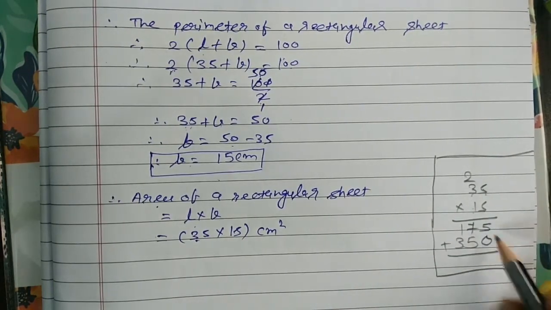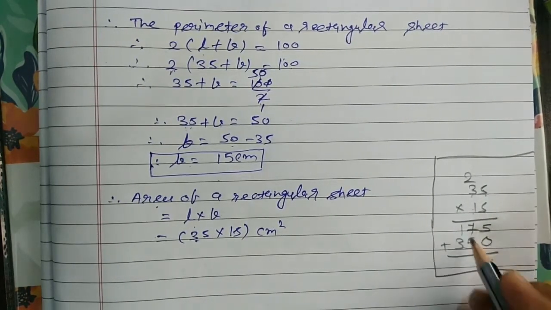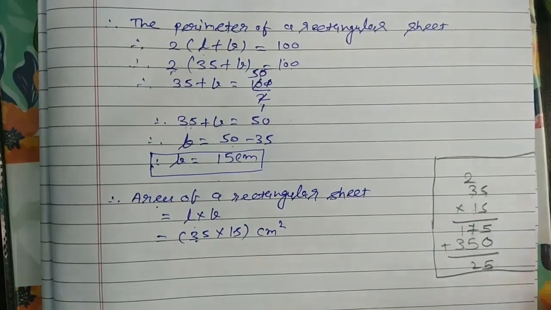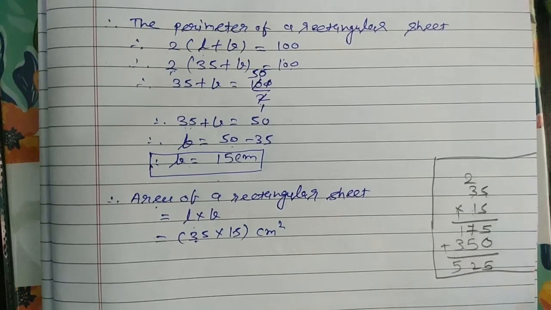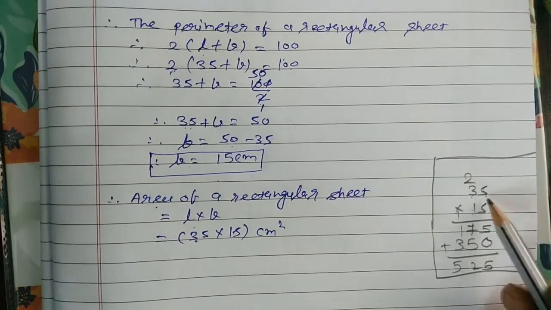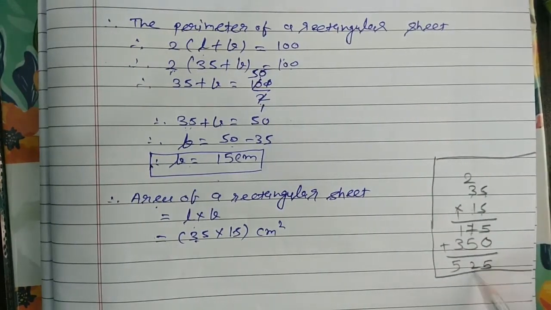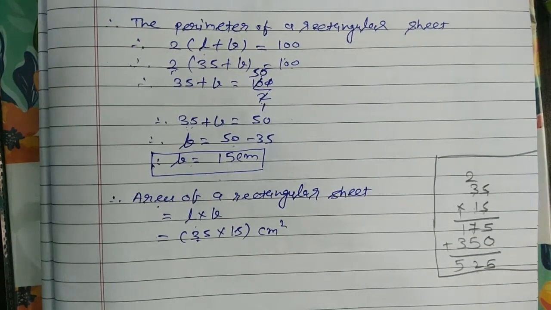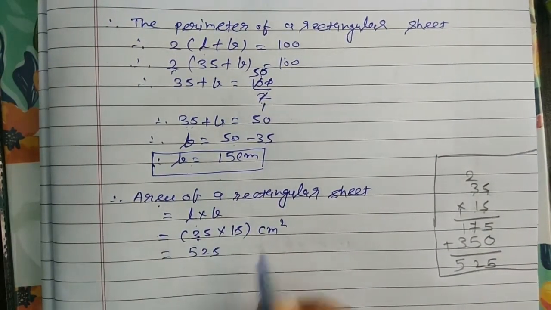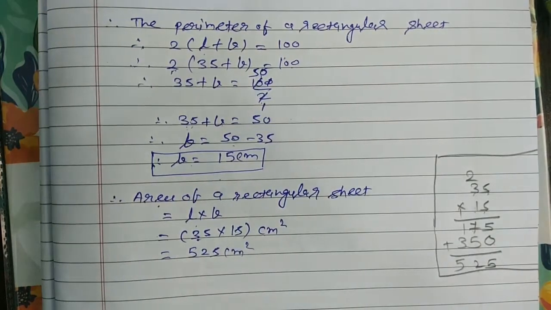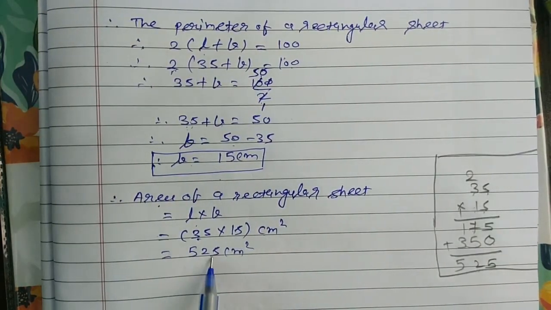We will add these two numbers, 5 plus 0 5, 7 plus 5 12, 1 will come, 1 plus 1 2, 2 plus 3 5. So what is the answer? 35 multiplied by 15 is nothing but 525. And unit will come centimeter square. So area of rectangular sheet is 525 centimeter square.